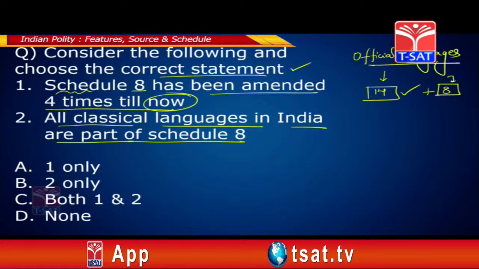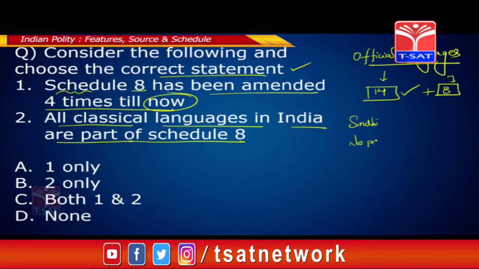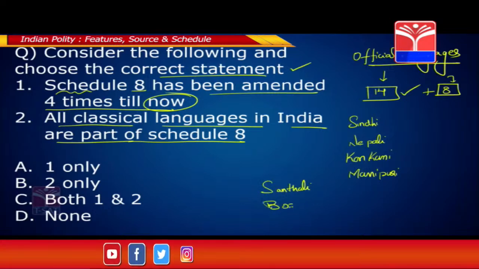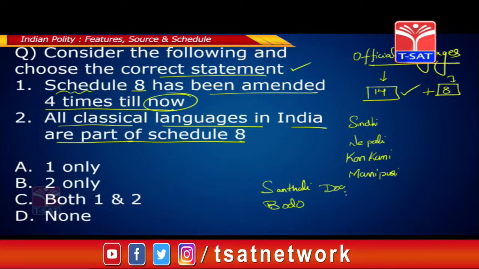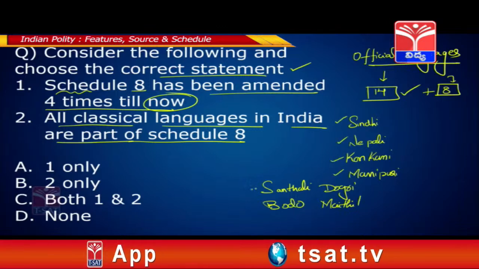Out of these, 8 official languages are Sindhi, Nepali, Konkani, Manipuri, Santali, Bodo, Dogri and Maithili. These are the 8 languages which were added after the constitution came into force.